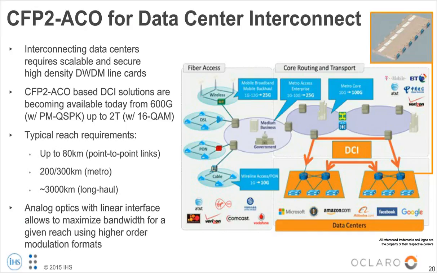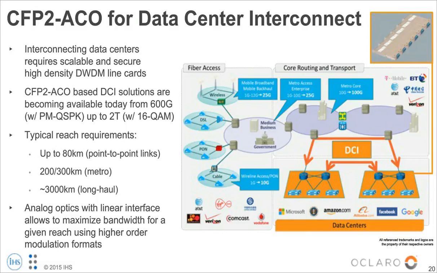So now, Robert, talk to us about the role of the CFP2 ACO in that important DCI application. Yeah, thanks, Michael. It's just amazing the efficiencies of scale and the amount of data that the mega scale data center guys are requiring.